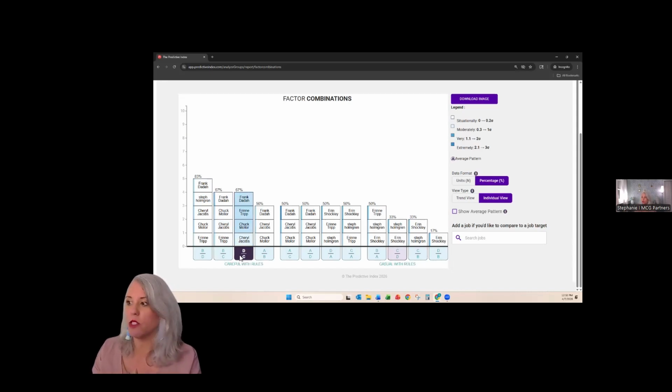And then careful with rules versus casual with rules. Who's task-oriented versus people-oriented. Who's proactive and responsive, and then who's comfortable and cautious with risk. Knowing your team, understanding these behaviors and drives, it will help you anticipate what the needs are to ensure everyone can be successful.